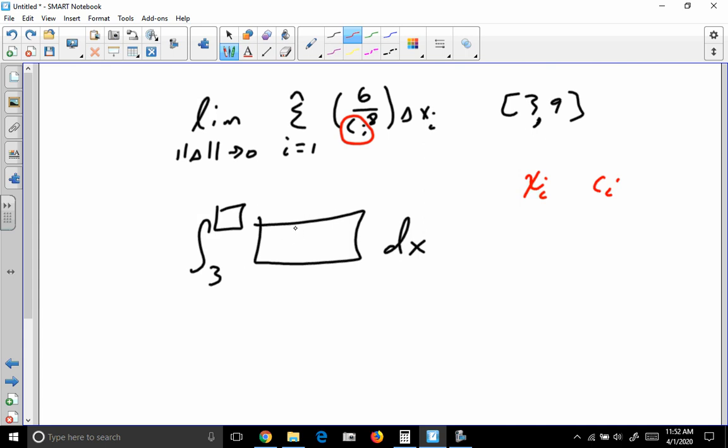Our function is 6 over x to the 8th. We're plugging a c sub i in place of x, so x to the 8th is our function on bottom. Our interval goes from 3 to 9, so at the bottom we have a 3, at the top we have a 9. And that's all we have to do. So these two statements are equivalent to each other.